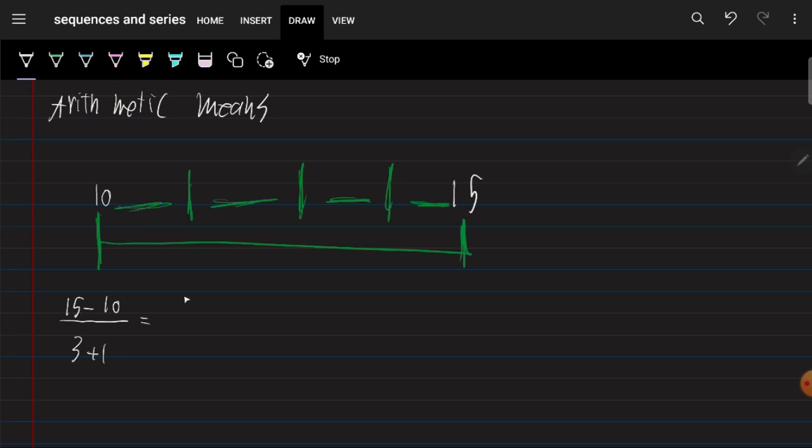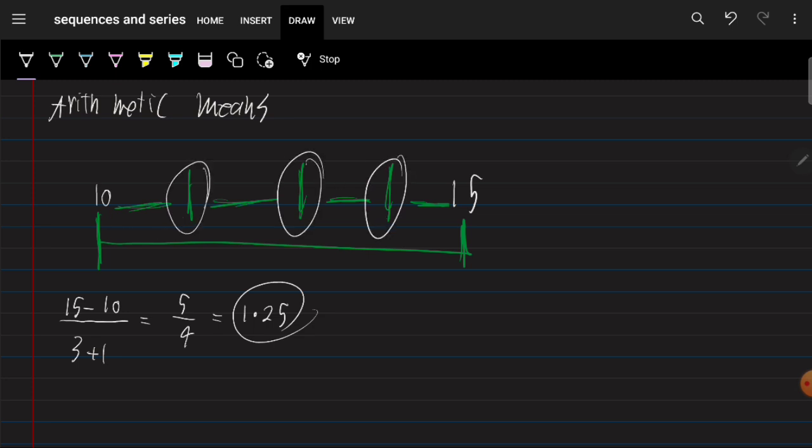And this will be the spacing between your arithmetic means. So 15 minus 10 gives us 5 over 3 plus 1, 4. So this is going to be 1.25. Okay, so this is telling you the spacing between your arithmetic means. If we want to find the 3 arithmetic means now, what we can do is start with 10 and add 1.25 to it. So the first number is 11.25.